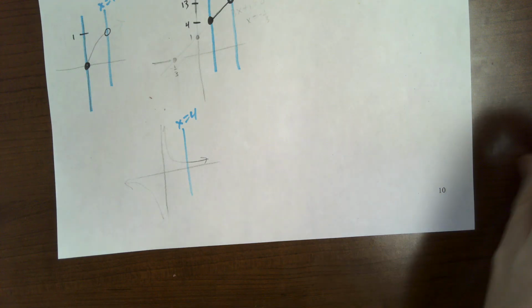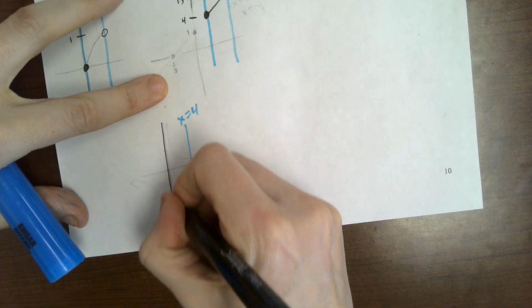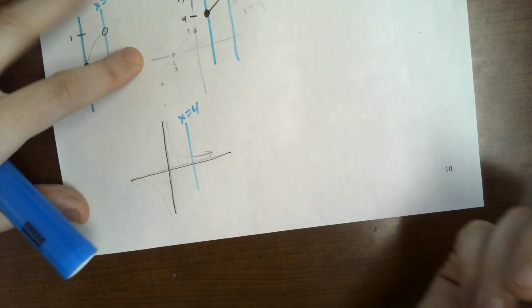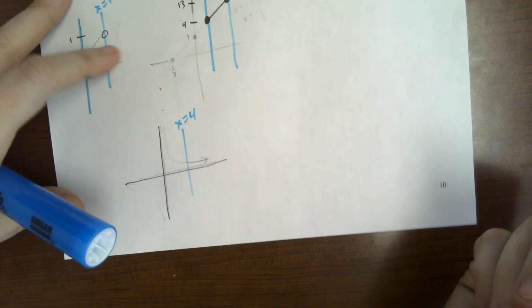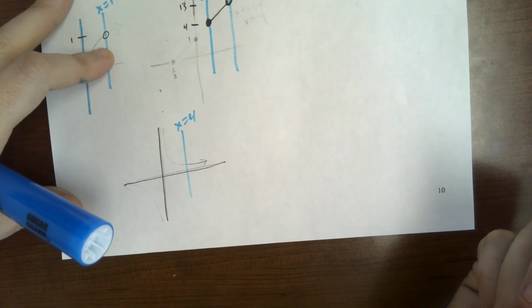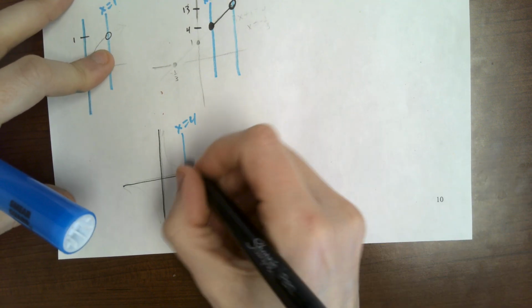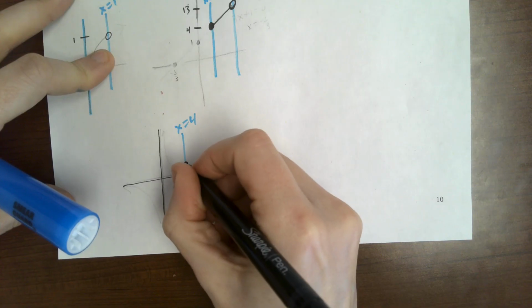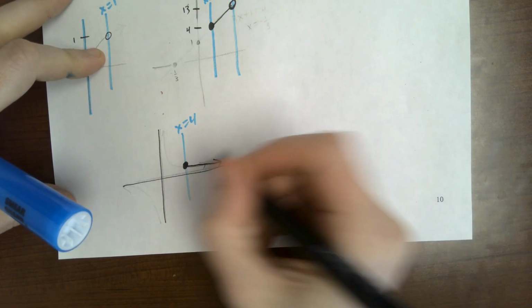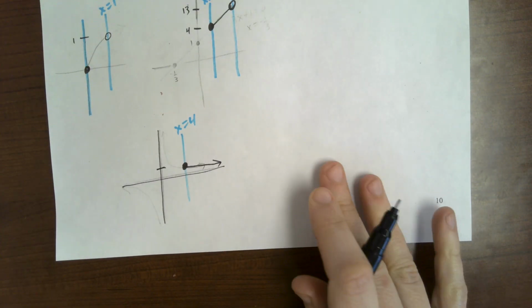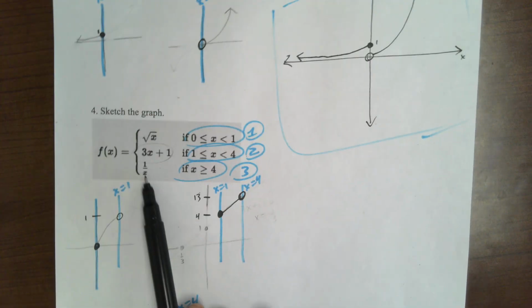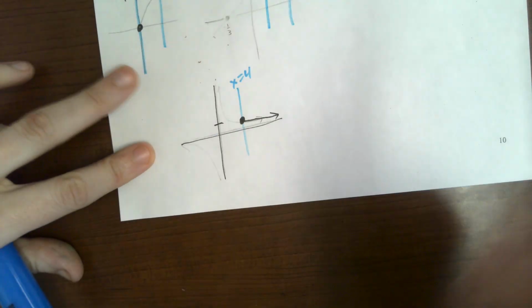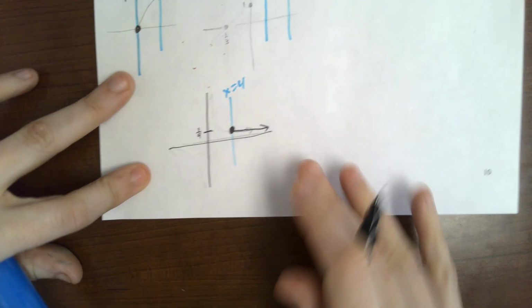Okay, so what kind of dot? Okay, closed, and then the y value, how would you get that y value? You would take 4 and you'd plug it into 1 over x. So you're getting 1 over 4.